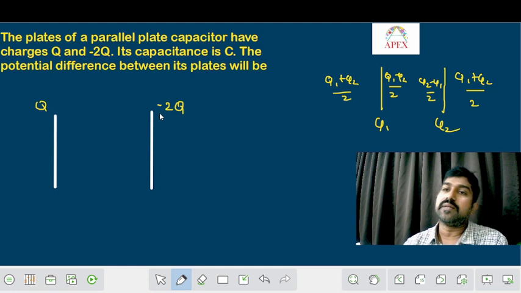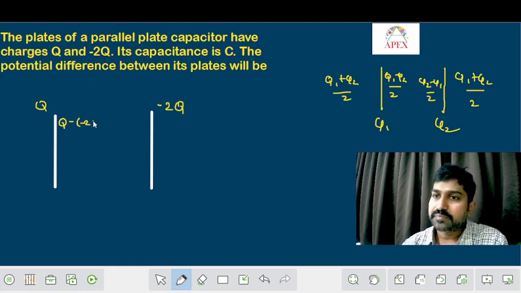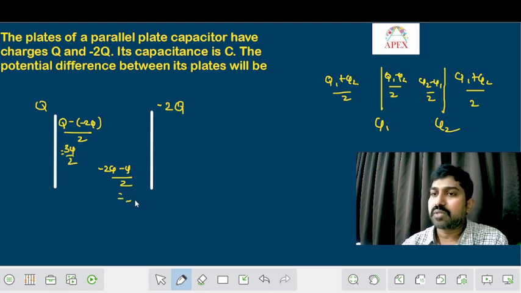In the same way here, you also have to see what is the charge on the capacitor. What is the charge here? (q1 minus q2) by 2, that means (q minus 2q) by 2. And here of course reverse only, (minus 2q minus q) by 2. How much will it be? 3q by 2. Here it will be 3q by 2, here also it will be minus 3q by 2.